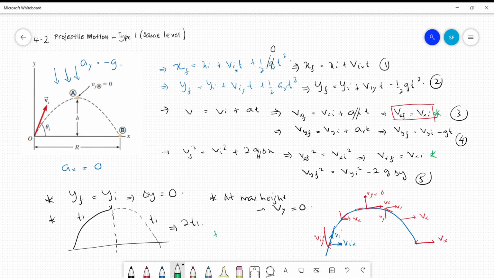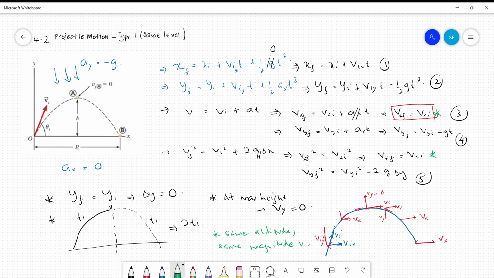One thing that you need to know is that at the same altitude, we will have the same magnitude of velocity.